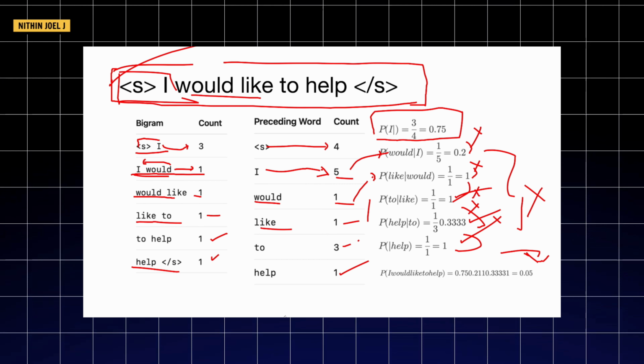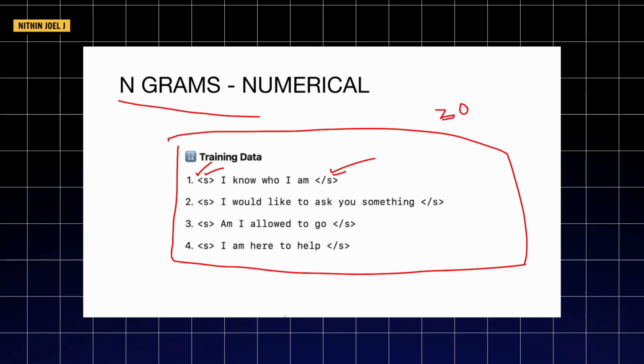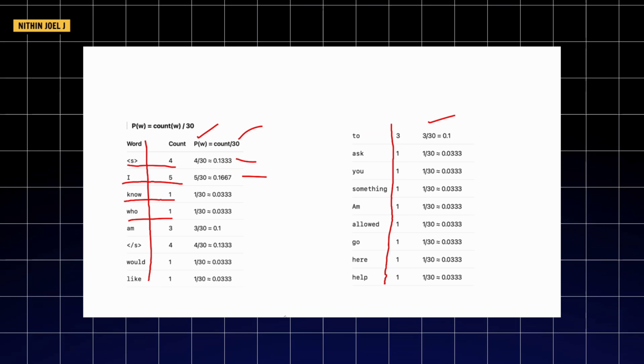So that's it, guys. Basically for Ngrams, they will provide you a training data set, and as a first step you have to count the total number of words or tokens, and using that we find the unigram.